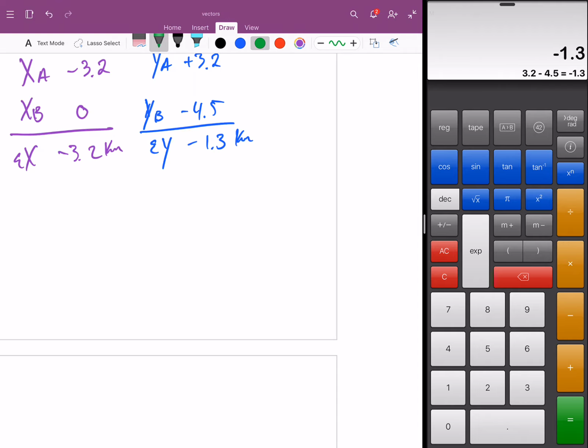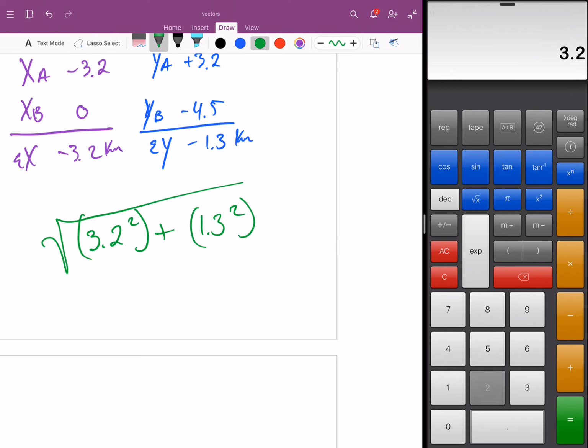First, let's find your magnitude. In this case, we'll be solving for displacement. 3.2 squared. Considering the fact it's a negative, negative times negative will become a positive. Same case for 1.3. And you'll be square rooting this. 3.2 squared is 10.24. 1.3 squared is 1.69.